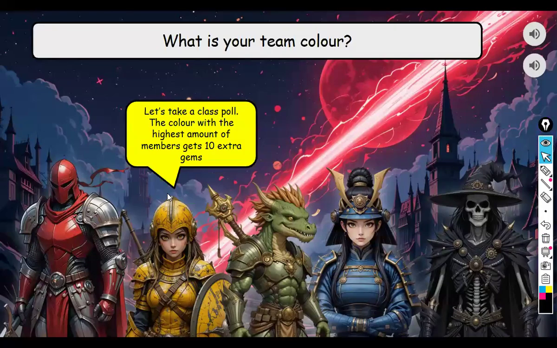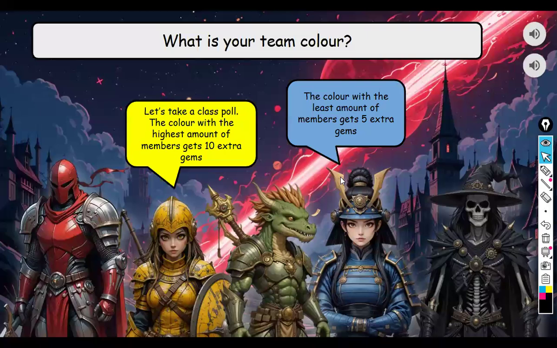All right. So let's do a team color exercise here. Let's take a class poll, right? So we'll see which team is the most popular. The team with the highest amount of members gets 10 extra gems. And the least popular team gets 5 gems. Okay?